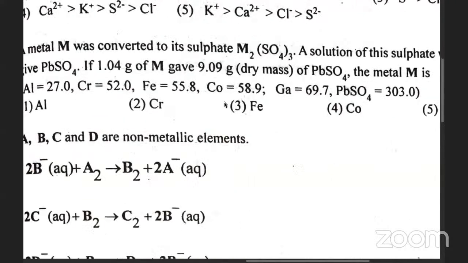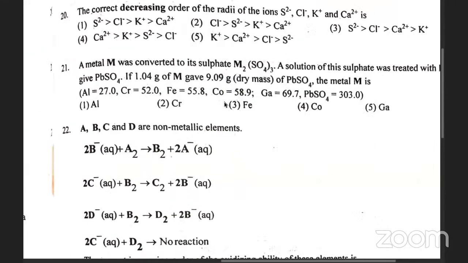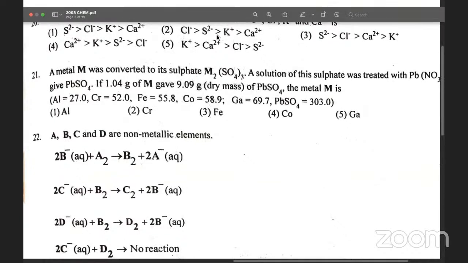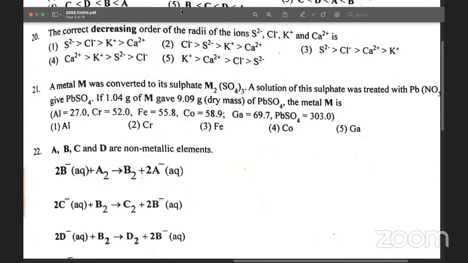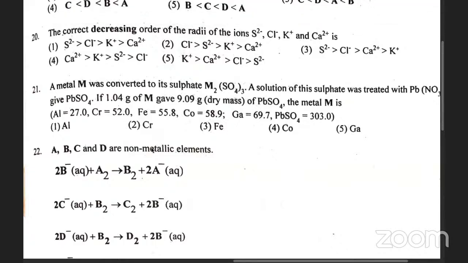Wait, let me share the screen. It should be 9.09. Can you see the screen with the correct version of the question? Yes or no? Can someone confirm? Hello? Yeah, okay.